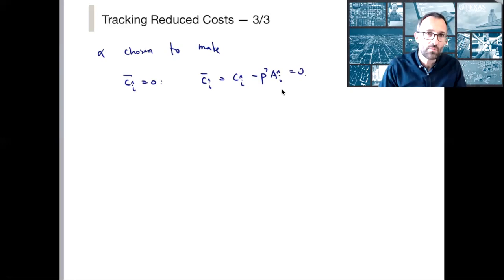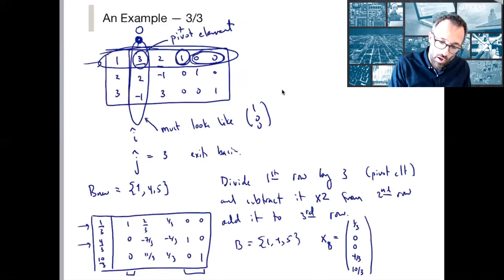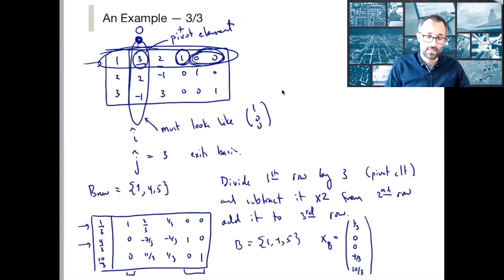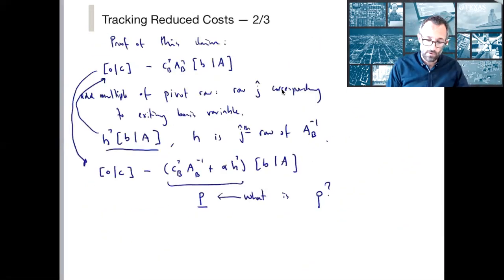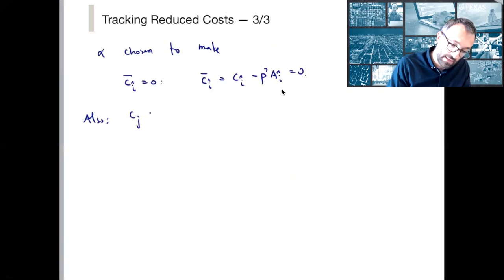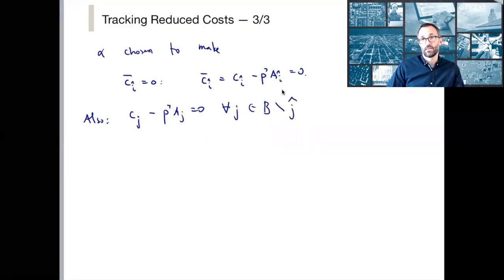But we also saw from the example here that all the other elements of the basis, except for the element j hat that exited, remain at 0. So we also have that C_j minus P transpose A_j equals 0 for every j that's an element of B, except for that j hat that exited the basis.